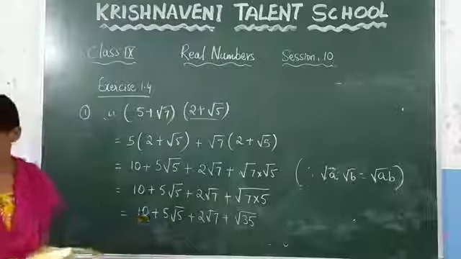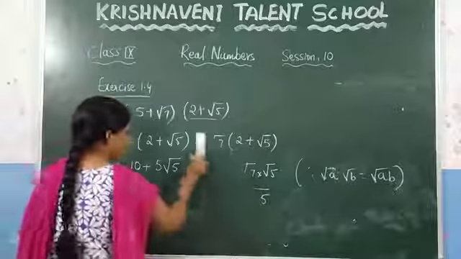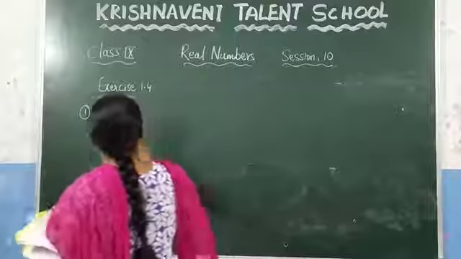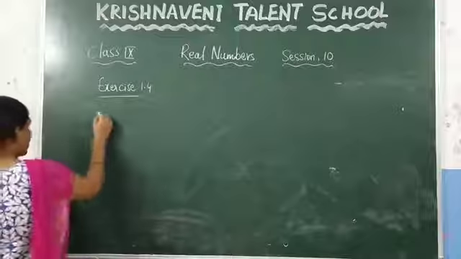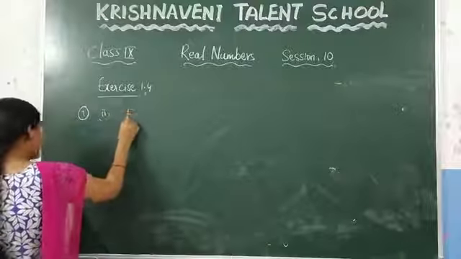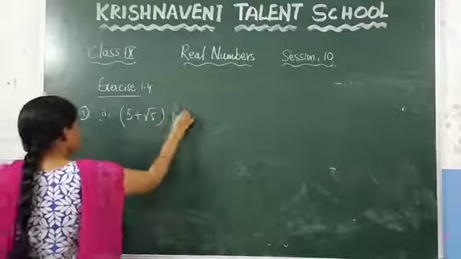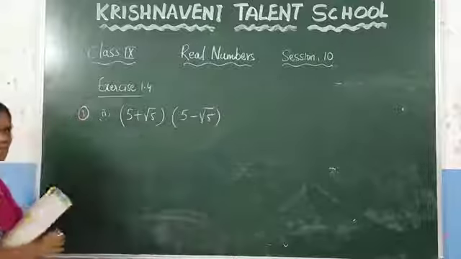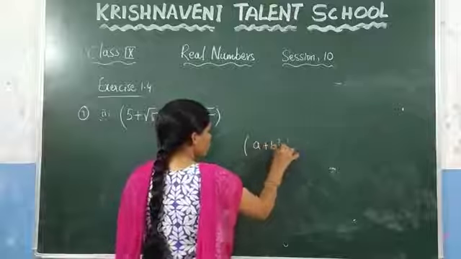Now see the next question. In the first question, second bit, (5 plus root 5) into (5 minus root 5). Clearly you can observe that it is in the form of a plus b into a minus b.